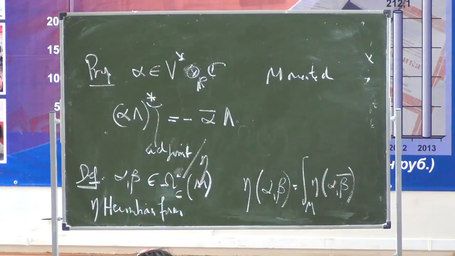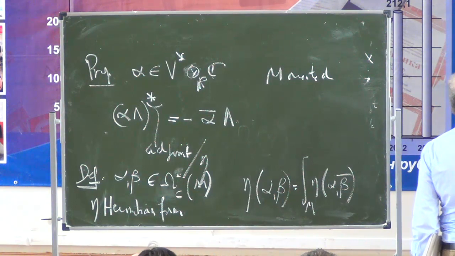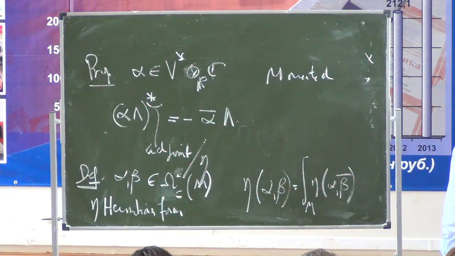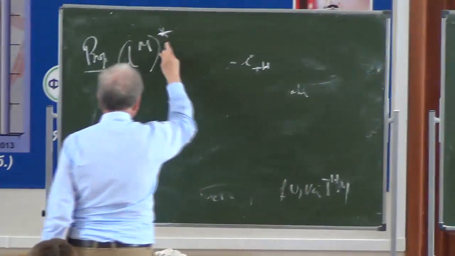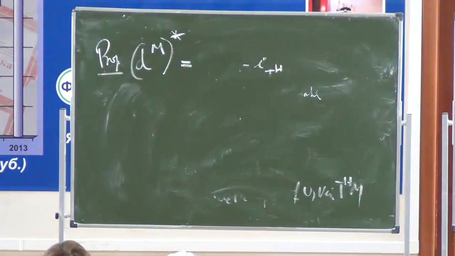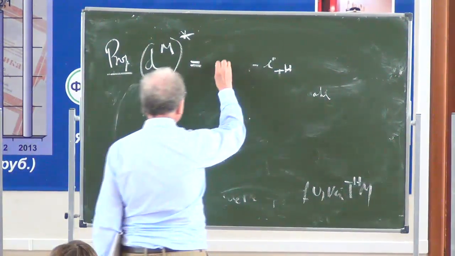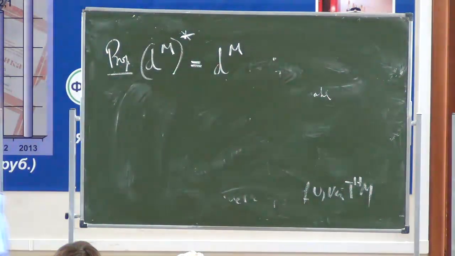And so it's very easy to see that, proposition, if I take the theorem operator on the manifold M, and if I take its adjoint with respect to this Hermitian product, then the operator dM becomes self-adjoint. So dM star is equal to dM.